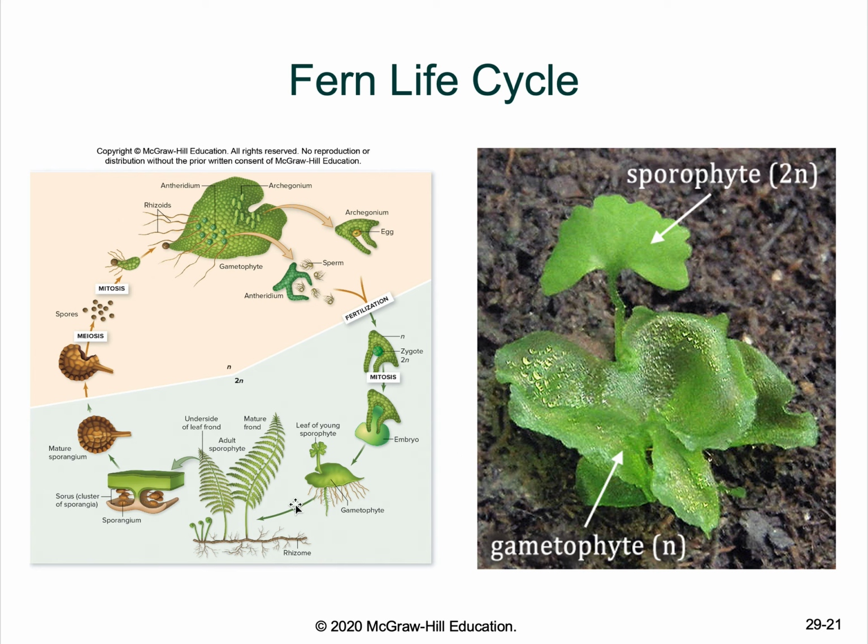I wanted to include this so that we were a little more familiar with how the fern looks when it's smaller and then when it actually matures. And you see similar words here, right? You see the archegonium and the antheridium, so that's the same thing where you have a female and a male part. And again, this does need water to get the sperm to the egg to fertilize and create the zygote.